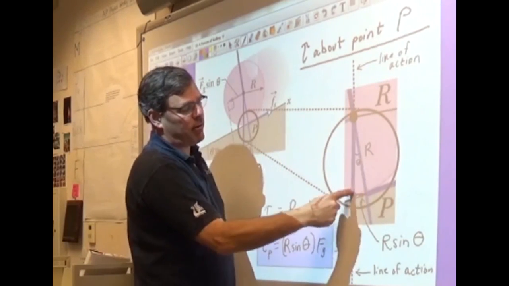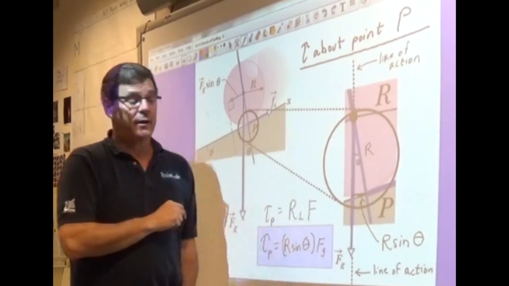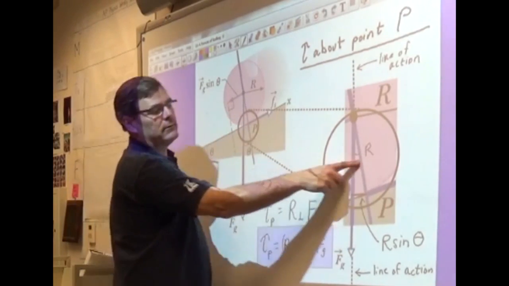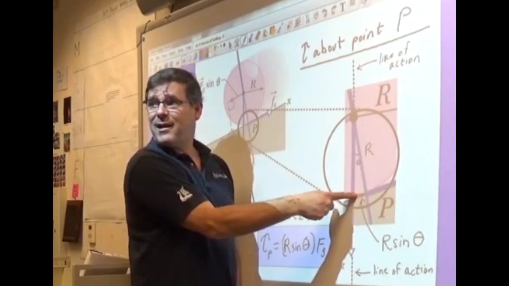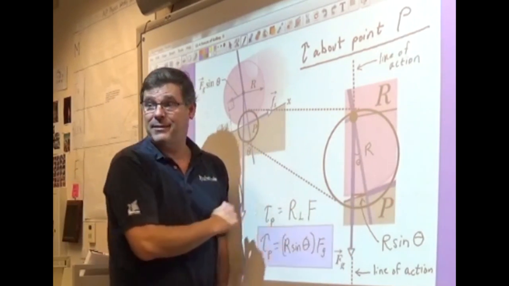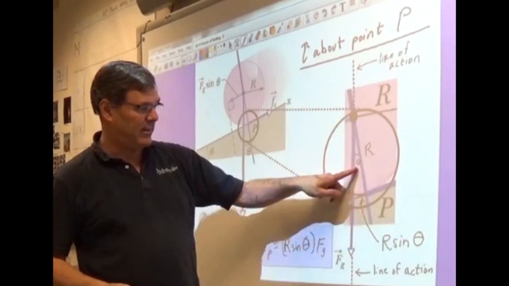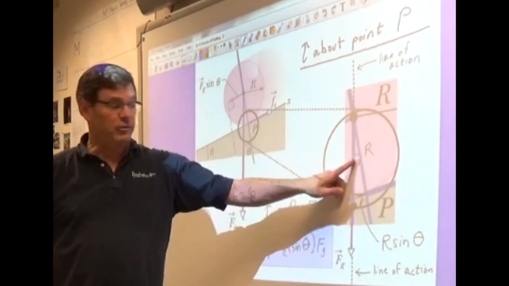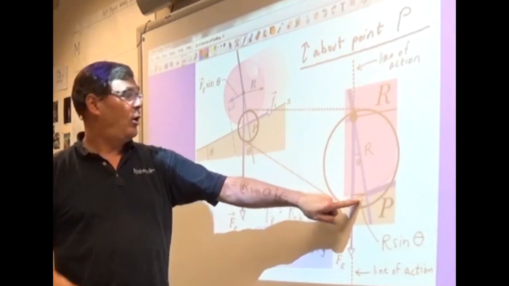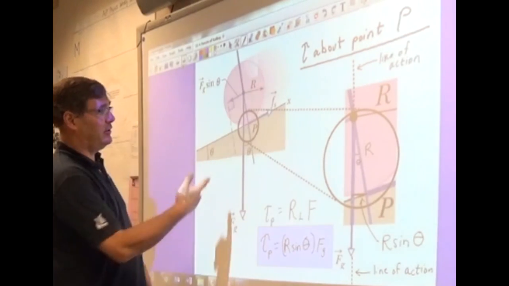And if I look at this triangle, I see that the hypotenuse of that right triangle is the radius. And the angle of incline shows up in here. And this is the opposite side of that angle. So this side of the triangle is r sine theta. And so mg times r sine theta gives me the torque produced by the weight with this small moment arm right here. Or, an easier way of thinking of it, I think, is you just look at this.